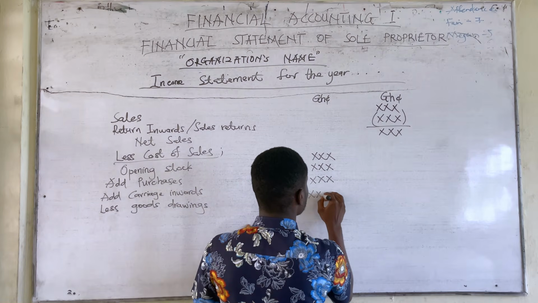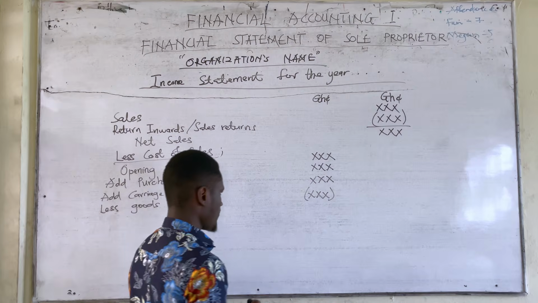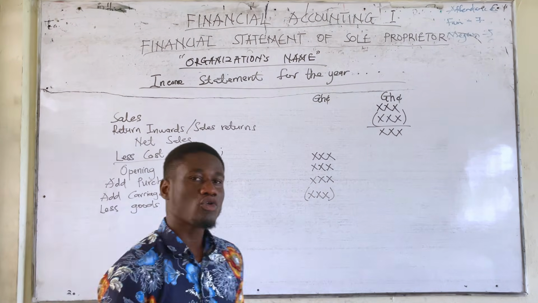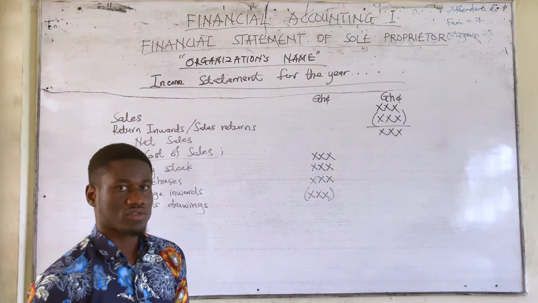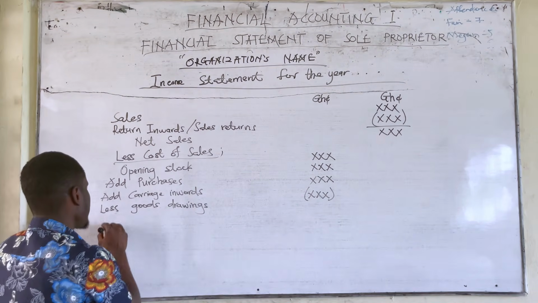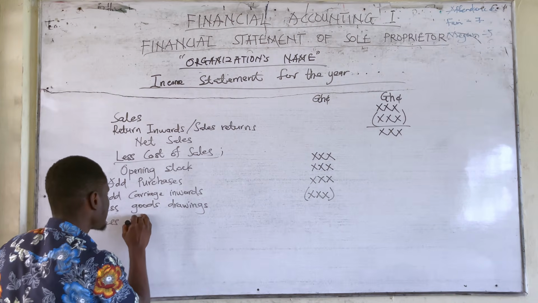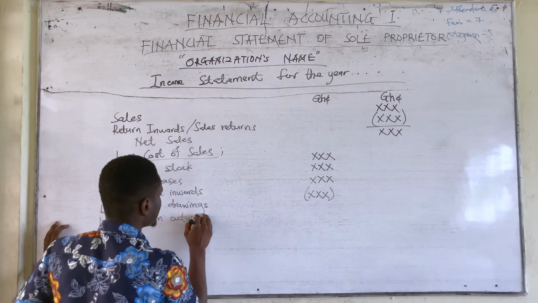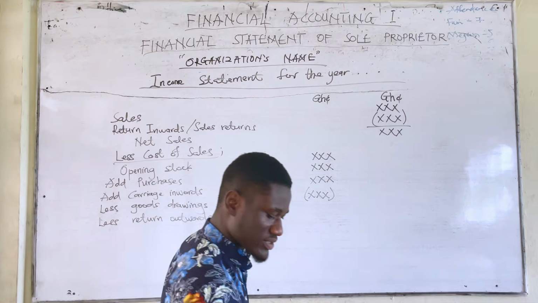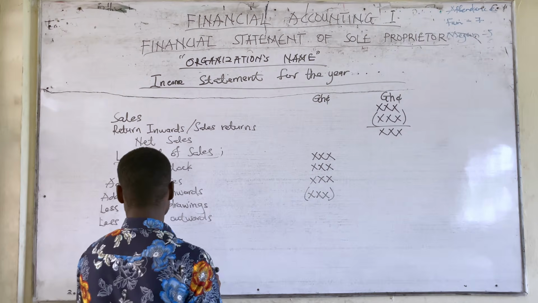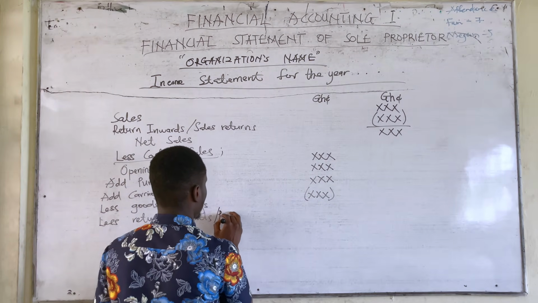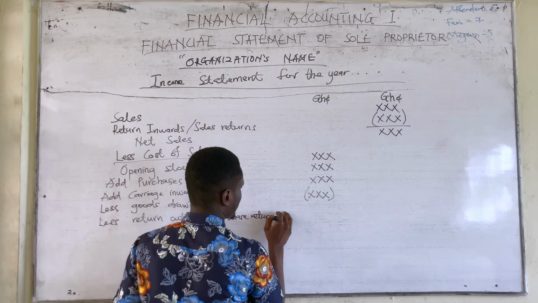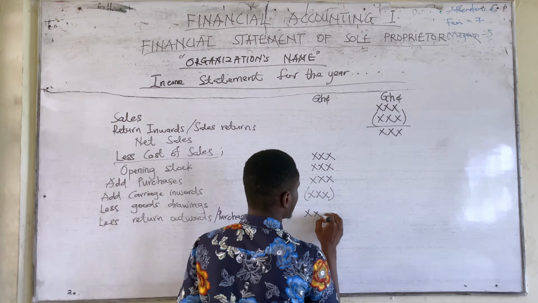As I said, they will be subtracted. Now we are going to less returns outwards. Do you get it? We are going to less our returns outwards. So I'm just giving out the format of how the profit and loss looks like. If you don't see returns outwards, you are going to see purchases returns. So that one too will be lessed.